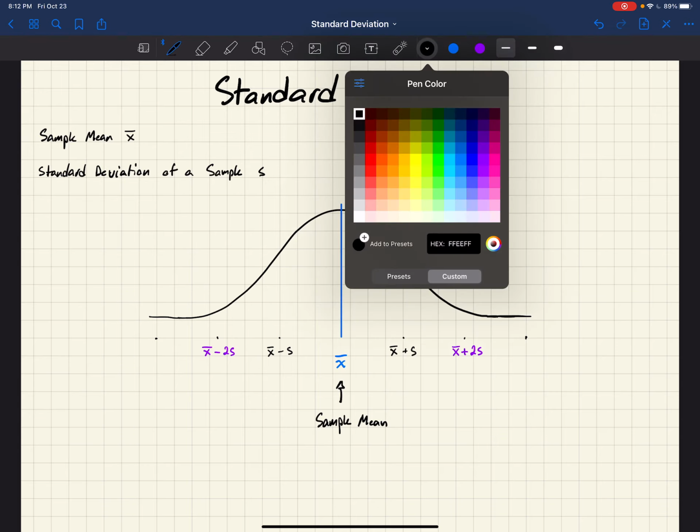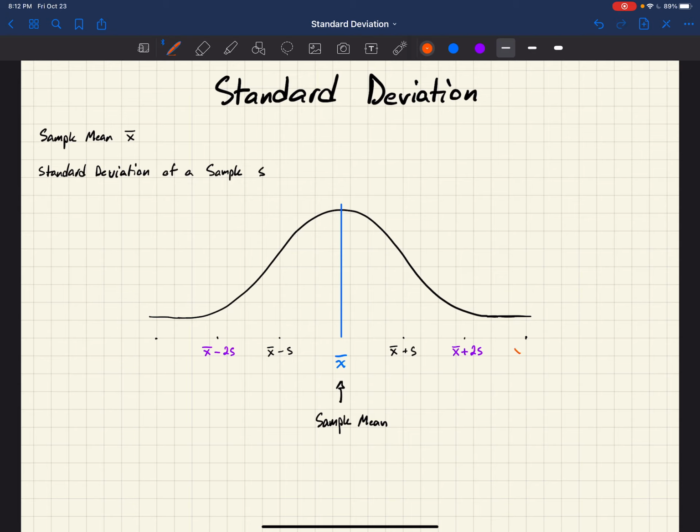Finally, let's do three standard deviations above and below. Three standard deviations above the sample mean would be sample mean plus three standard deviations, and three standard deviations below would be sample mean minus 3 times the standard deviation.